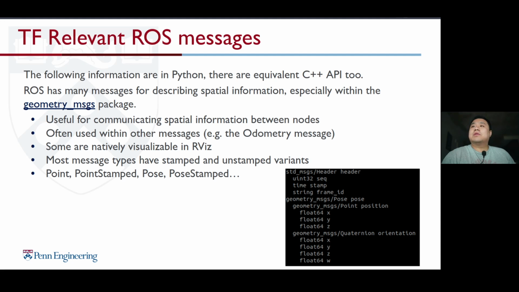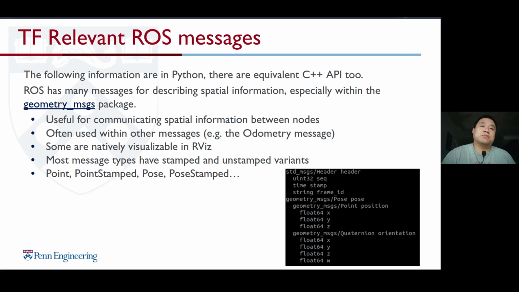So ROS has many messages for describing spatial information, and as you can imagine, it's crucial in doing frame transformations. If not all, most of them are within the geometry messages package, and they're useful for communicating spatial information between the nodes. It's often used even within other messages, for example, the odometry messages, which is essential for navigation. Some of them you can natively visualize in RViz. Most message types have stamped and unstamped variants, which means that some of them have a timestamp and some of them don't.